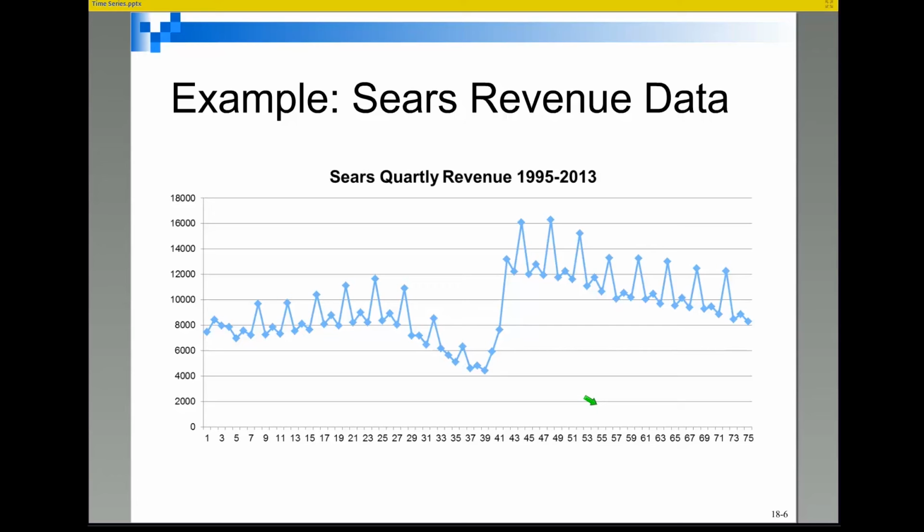All right, now let me illustrate time series analysis using Sears revenue data. And this is actually related to the data analysis project that I asked you to do as almost like the last assignment.